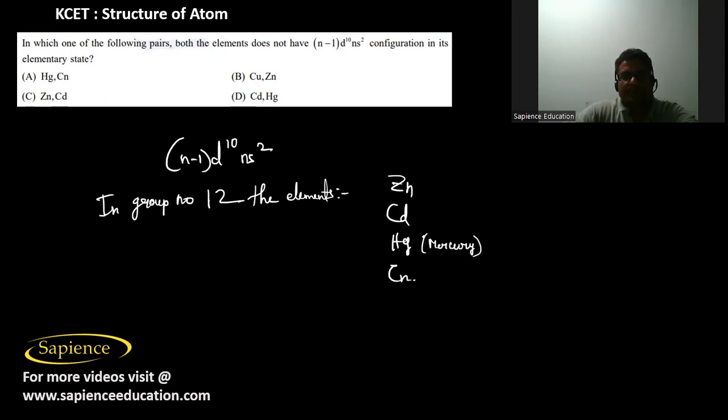Here all of them will have ns2 n minus 1 d10 electronic configuration.